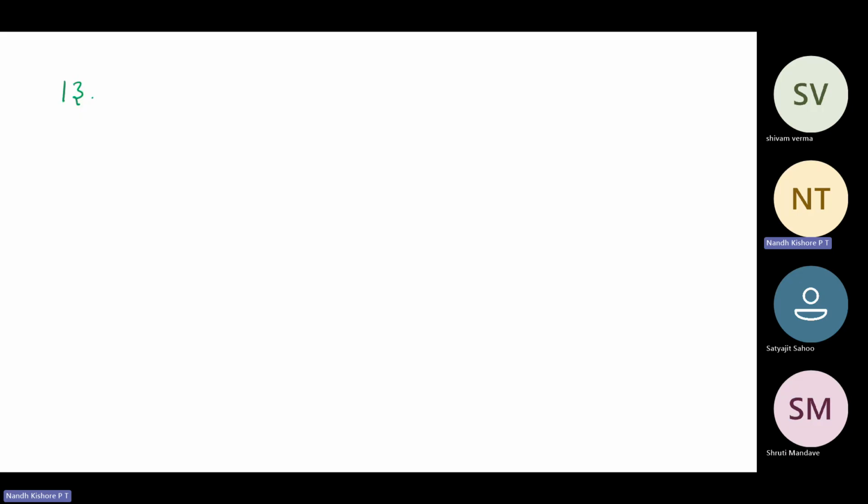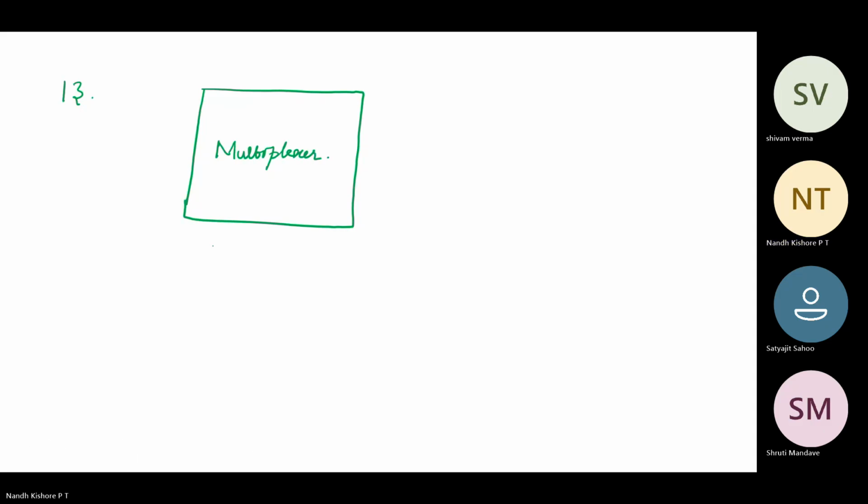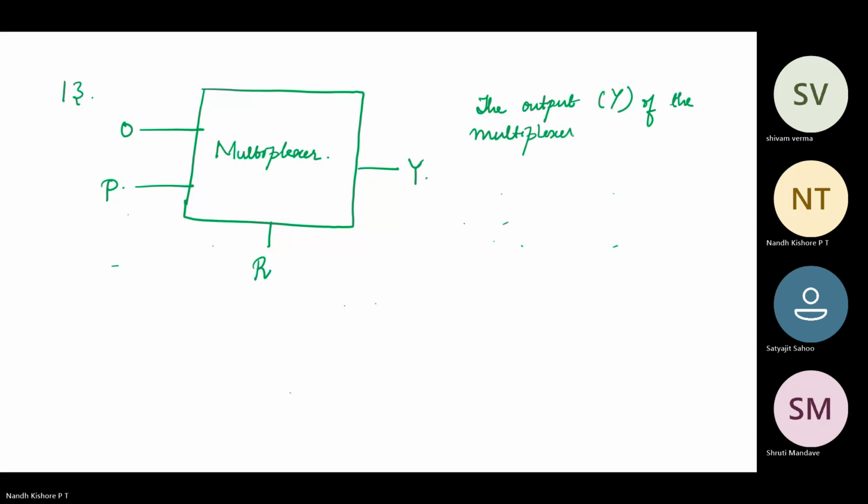So we'll move ahead with the 13th question. They have given you a multiplexer, and this input is 0, this is P, and this is R, with output Y. The question is: the output Y of the multiplexer is dash.